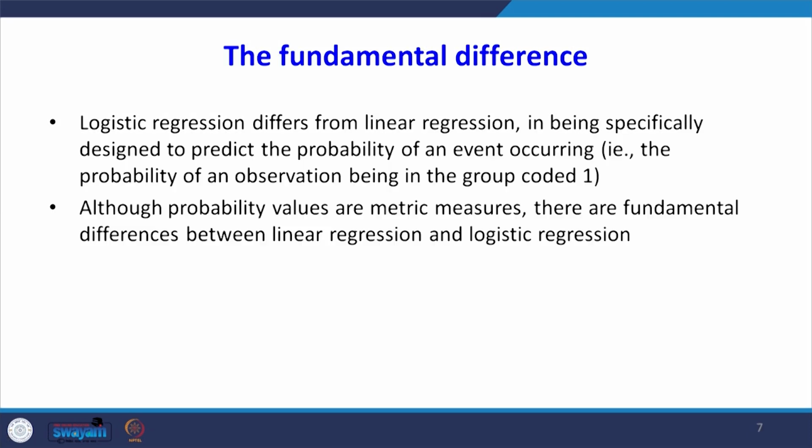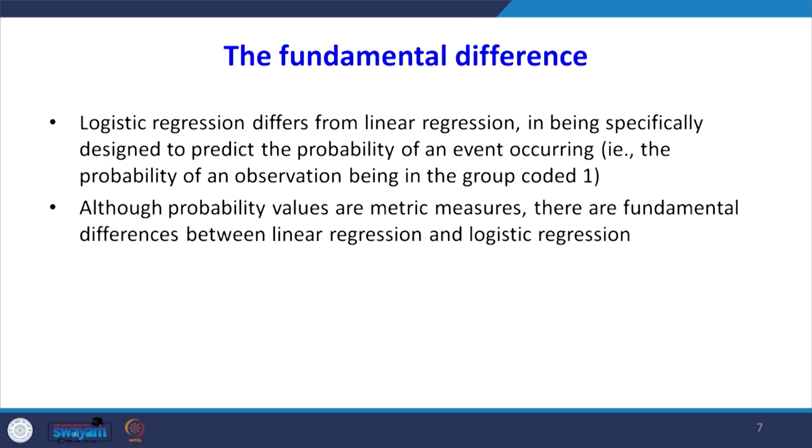There are some more reasons there. The fundamental difference between logistic and linear regression is that logistic regression is specifically designed to predict the probability of an event occurring. So, the y value is nothing but the probability, that is the probability of an observation being group coded 1 or not.